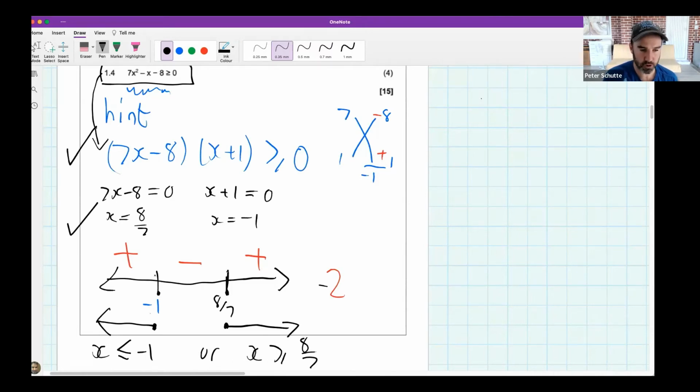The new step for you guys was putting the 0 values on the number line, then choosing a number bigger than the biggest 0 value, getting if it's positive or negative, and then letting those signs alternate as I went across the number line. Then reading off the answer, knowing where this expression was positive. Well, it was positive over here and over here. Since I'm looking for numbers that are greater than or equal to 0, I'm looking for where it is positive or where it's 0.